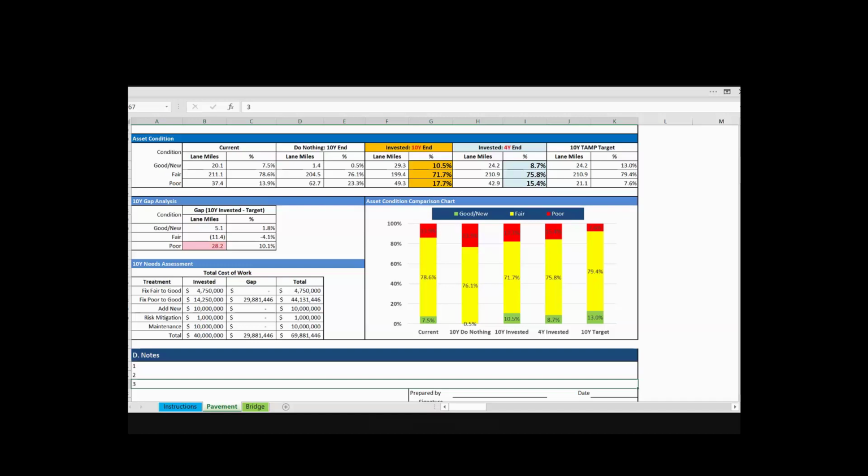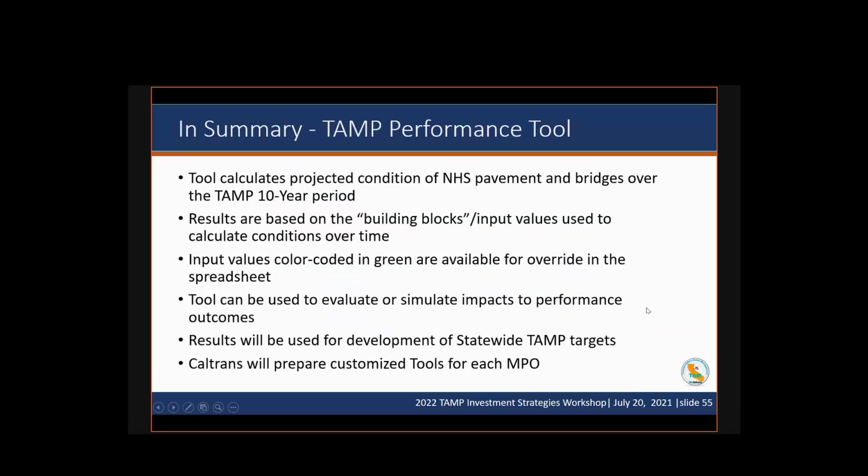So this worksheet will come with your MPO's inventory and your MPO's condition, and the finances that you provided us based on the 5 work types. The additional information that's needed beyond what we already have is an indication of how much of your budget or your finances you intend to spend on risk mitigation.